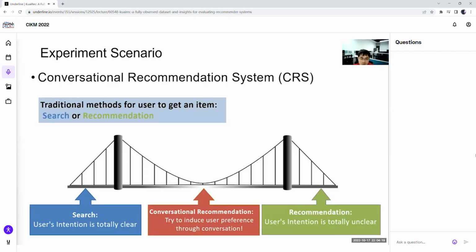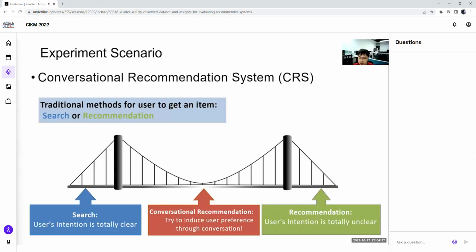In the experiment part, I will first introduce the experiment scenario. We conduct all the experiments in this paper under the conversational recommendation scenario, which is a relatively new and promising research direction in the study of recommender systems.